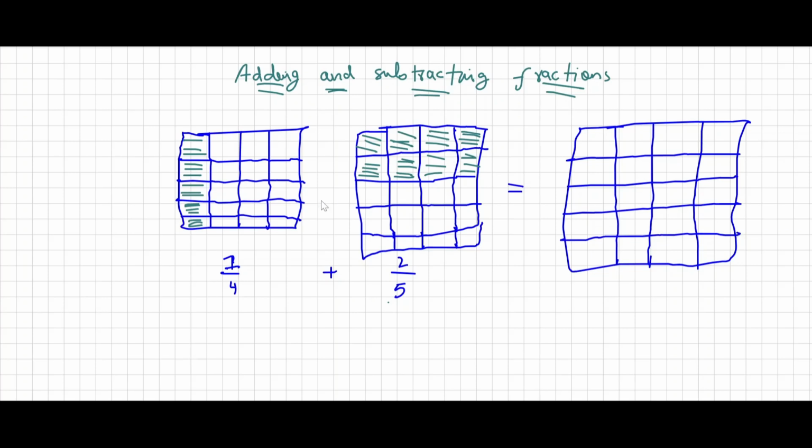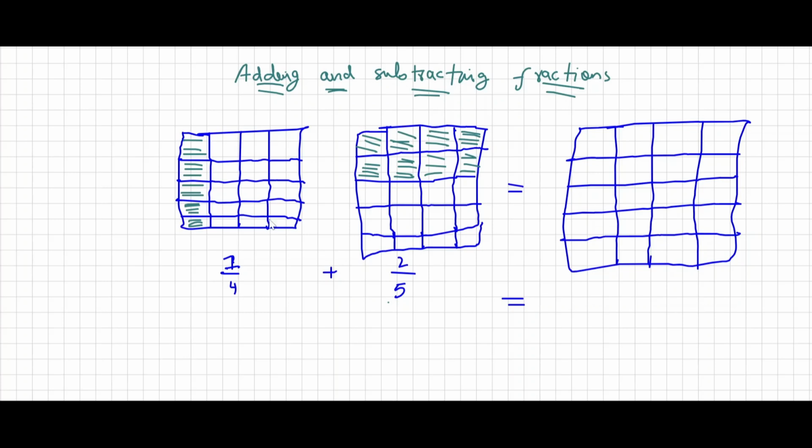When we add 1 by 4 and 2 by 5, we will get 13 by 20. So let's see what the 13 by 20 is. It's like this, we are basically covering 13 boxes in the end when you add both.